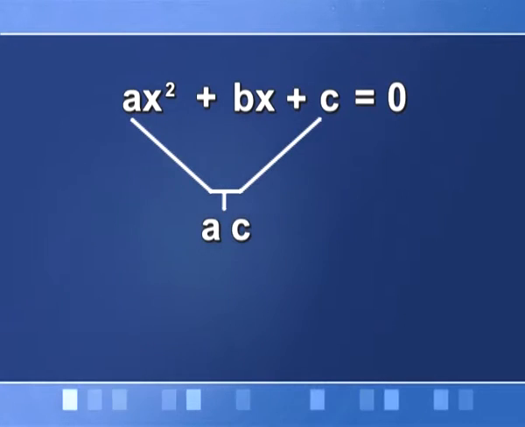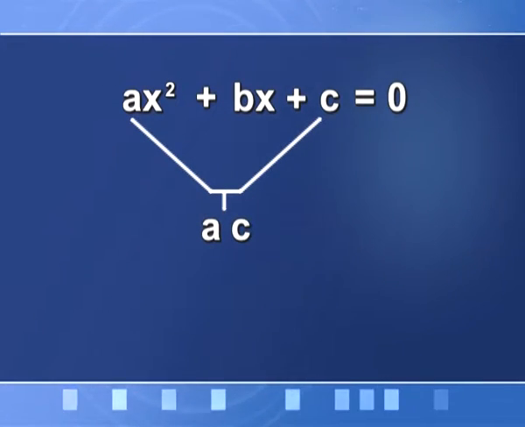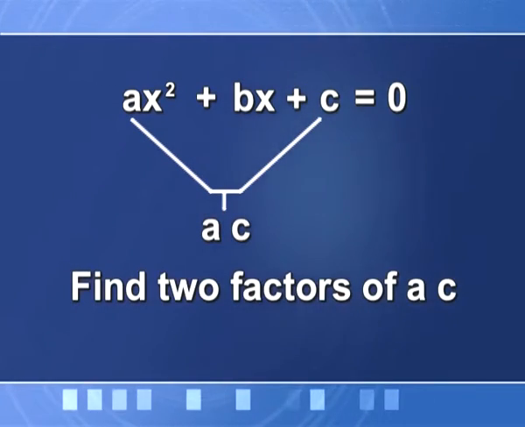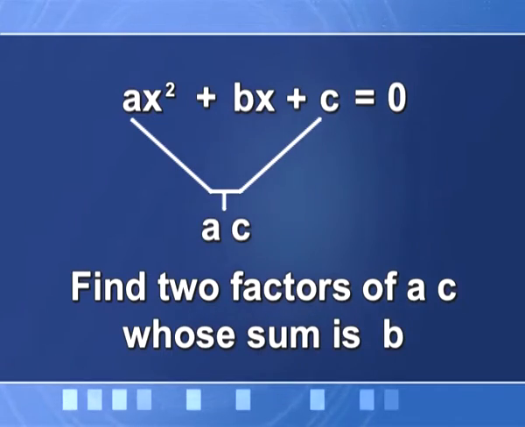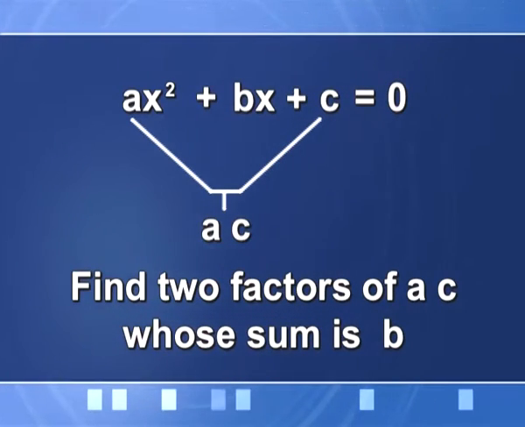Now, to split the middle term, what I have to do is to find two factors of ac, means two numbers when multiplied together give me ac, whose sum is equal to b, but that is not the only situation.